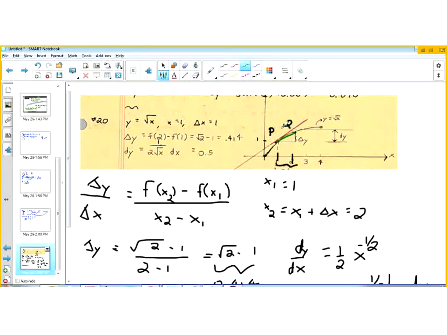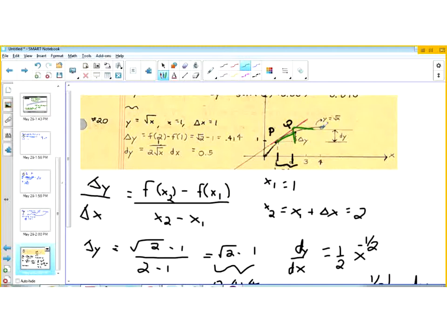And then of course the differential would simply be, let's see, make sure this is correct. The differential would simply be this distance right here.